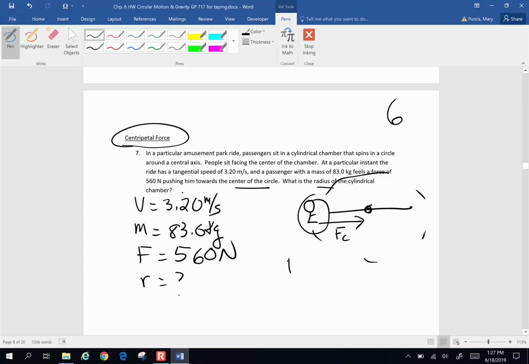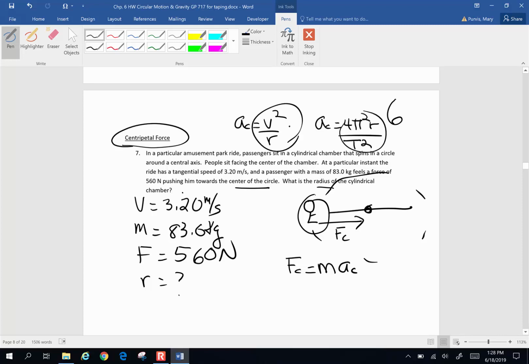The equation for centripetal force is mass times centripetal acceleration. Now we have two choices for centripetal acceleration: v squared over r, or 4 pi squared r over period squared. Which of these we use depends on the other variables that we have.